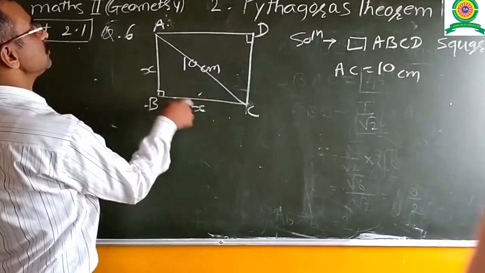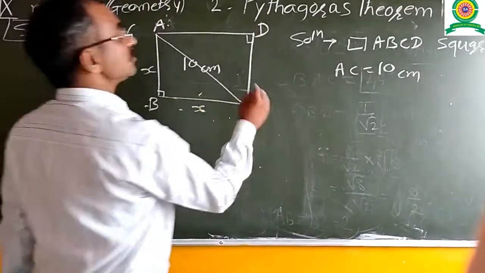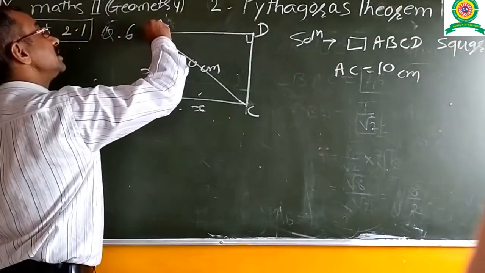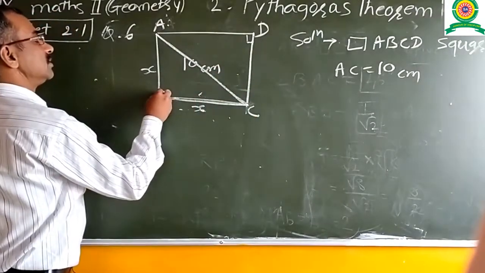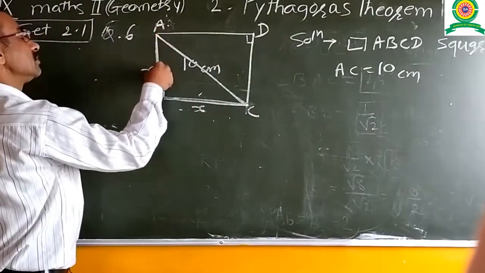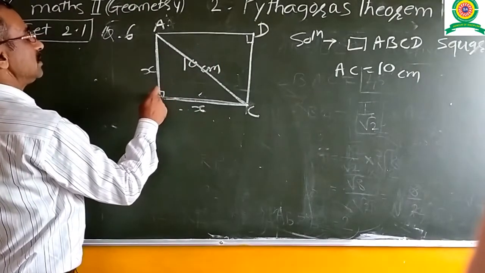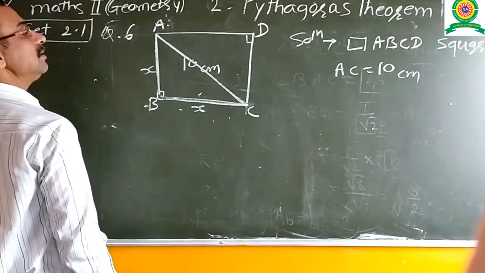Suppose we consider these two sides as x. This is a right angle triangle, because by the diagonal two triangles are formed, and one of them is a right angle triangle.